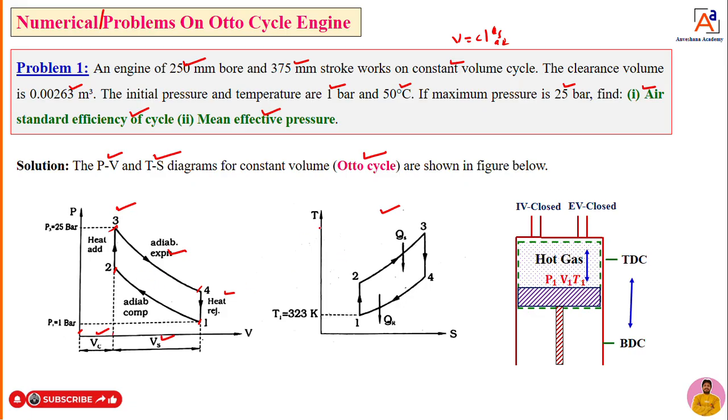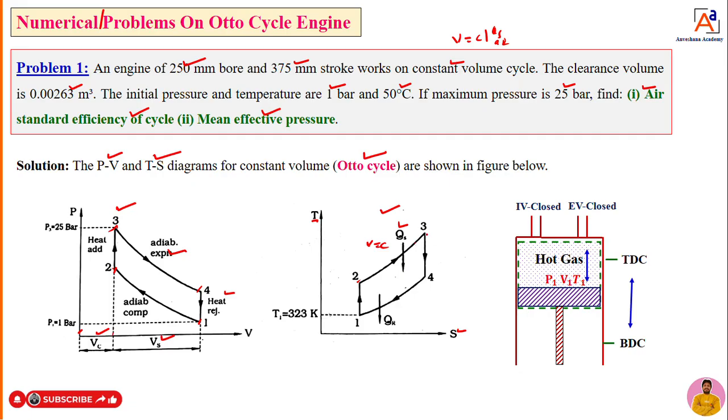Then the TS diagram, to know the variation of temperature versus entropy. 1 to 2 is a compression process. The next, 2 to 3, is heat addition, that is QS, at constant volume. Next, 3 to 4 is adiabatic expansion.